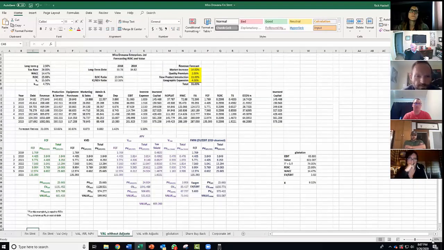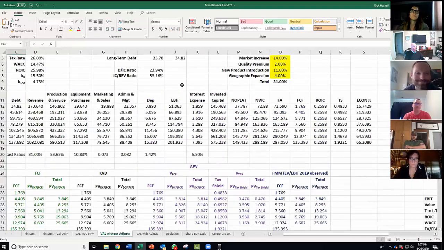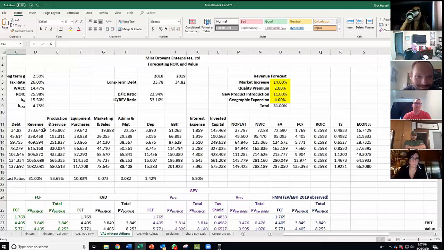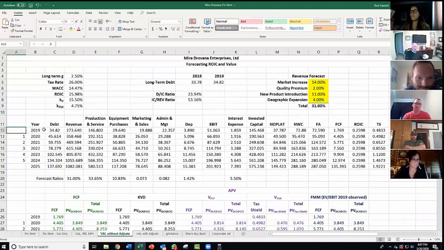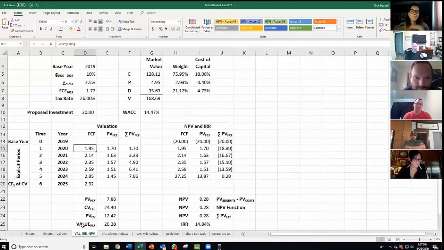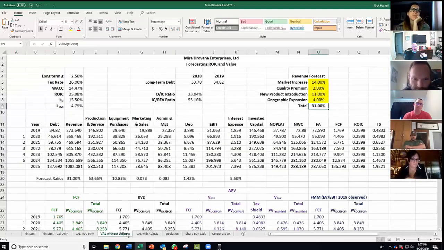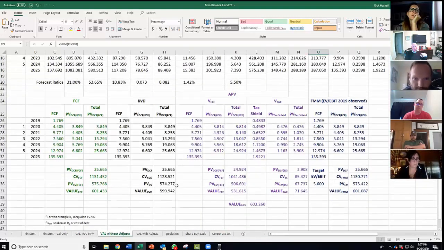Well, I don't want you to spend much time here, but this is Mira Dravana. You'll recognize some of the numbers. Year over year, we are expressly calculating the free cash flows the way you know how to do them, at a very different rate of growth. So I'm getting you used to a structure of what we're going to do with those cash flows, and then a very comprehensive and somewhat complex way of calculating the cash flows so that we can come up with some valuations.